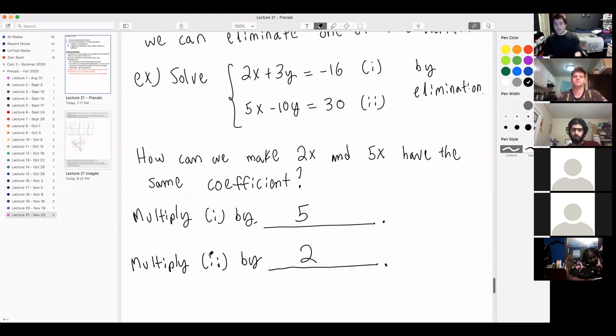And if I multiply equation 2 by 2, that will also create a 10x. And that's what we need. Quick question. If you always multiply by the coefficient of the other one, it will always end up right? Yes. You can always multiply by the other guy. Yes, that will always work for sure.